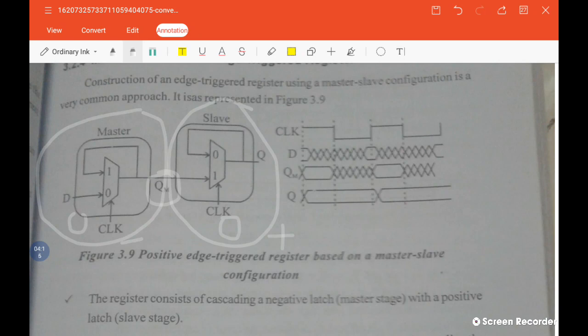So it holds the previous data of Q in the Q output. So this is what happens when the clock is low. Now we'll change the operation by changing the clock. So I am changing to clock high. That means now my clock is high.